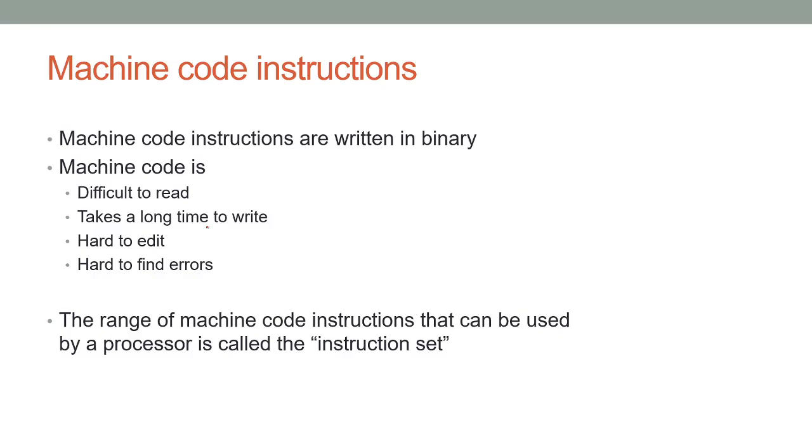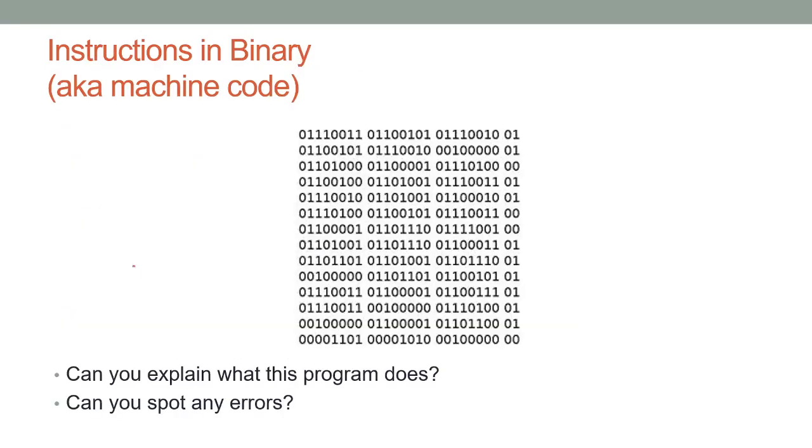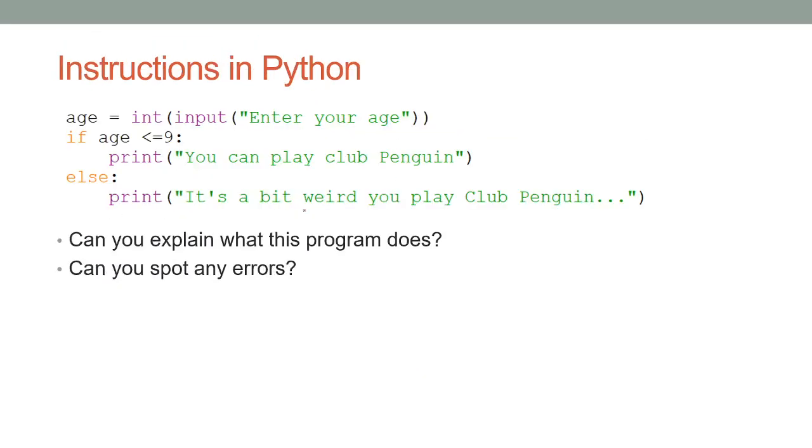It takes ages just to write a name, never mind an entire program. It's very hard to edit and to find errors. If I was to tell you one bit was wrong here, it would be quite difficult to find which 0 and 1. You'd have to work out what each one stands for and all that. Whereas with this one, if I told you there was an error here, it wouldn't be quite as difficult.